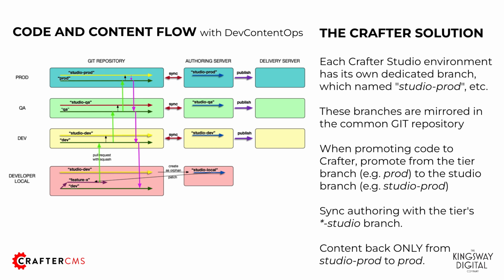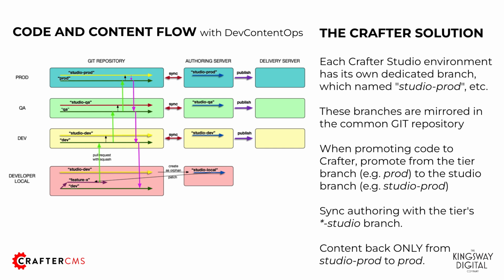And when we push code from the production branch into Crafter, we actually push it up into the Studio production branch. And that's the black arrow you see at the top of the screen. With this black arrow, we're promoting code into the Studio environment. So we promote it up there, we run a sync, publish it, and you've now deployed all of your code across the entire system.